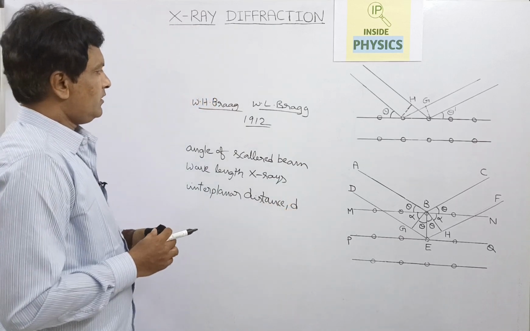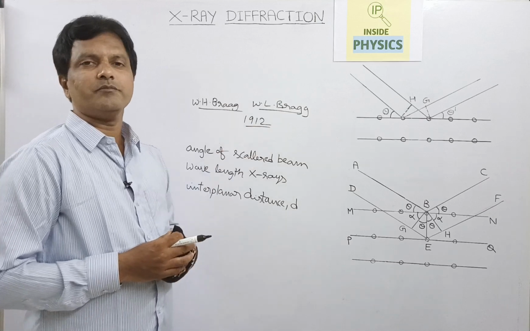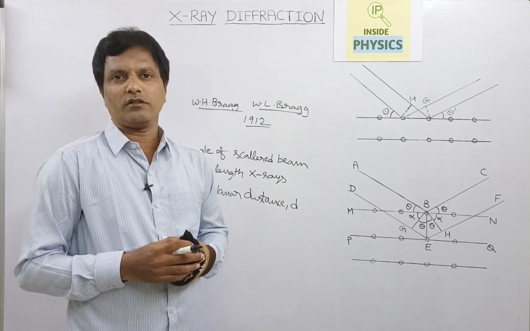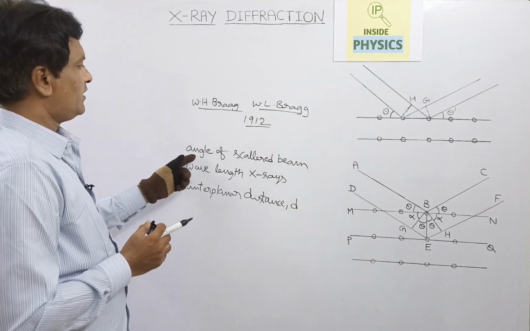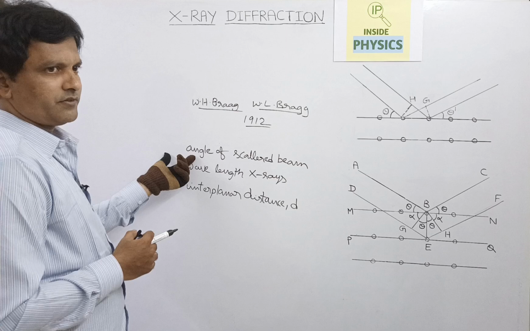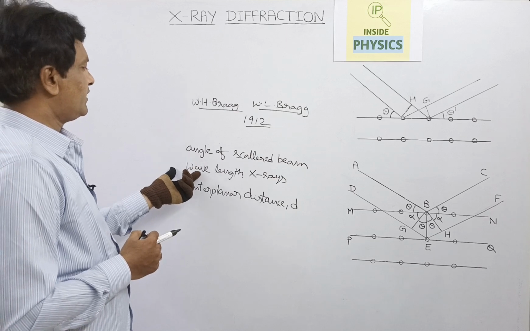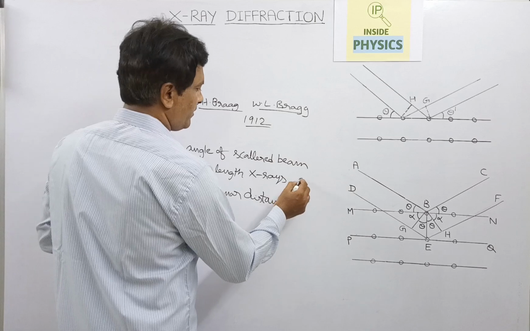So Bragg, in his observations while doing diffraction experiments on crystals with X-rays, found a relation between the angle of the scattered beam, also called the angle of incidence or scattering angle, theta, and the wavelength of X-rays represented by lambda.